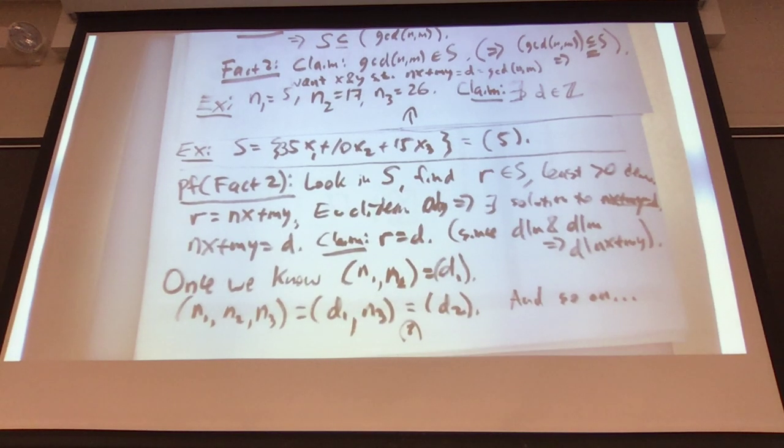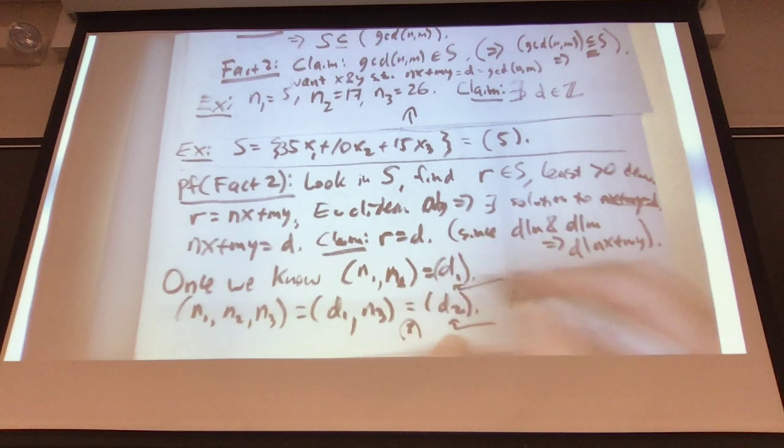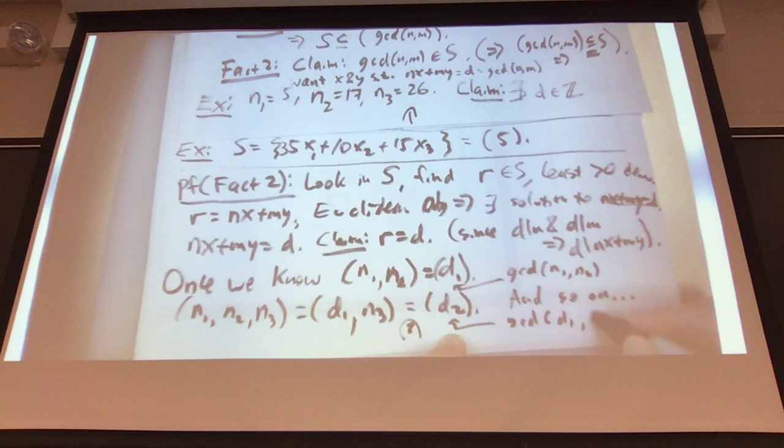Does that make sense? Okay. Charles. You said D2 is the GCD of all three, N1, N2, and N3. Yes. So D1 is the GCD of just N1 and N2, and D2 is the GCD of D1 and N3.